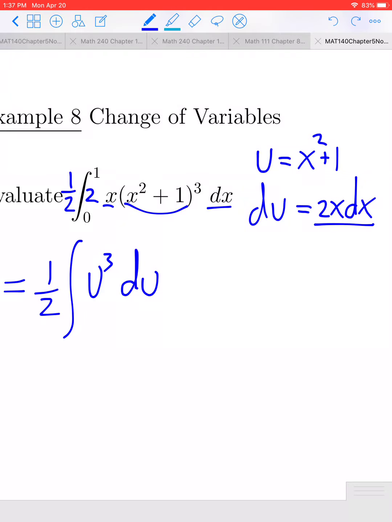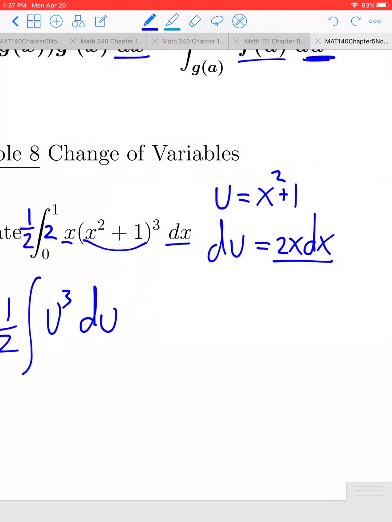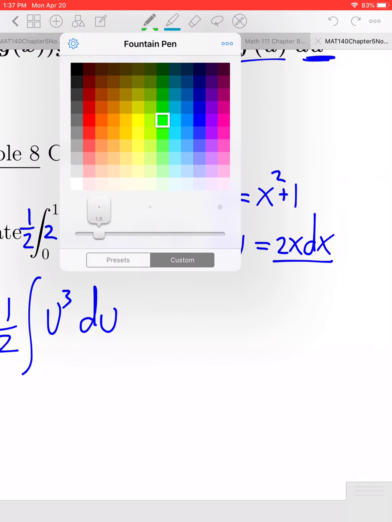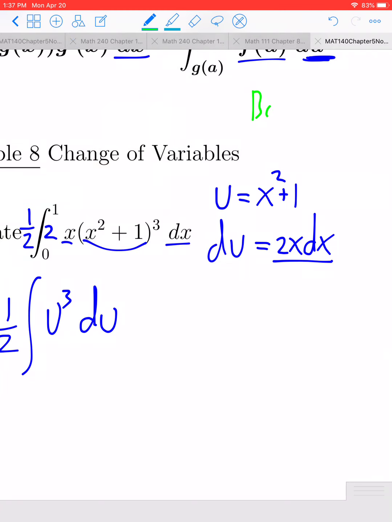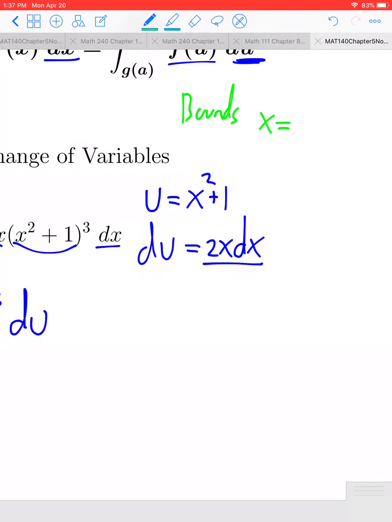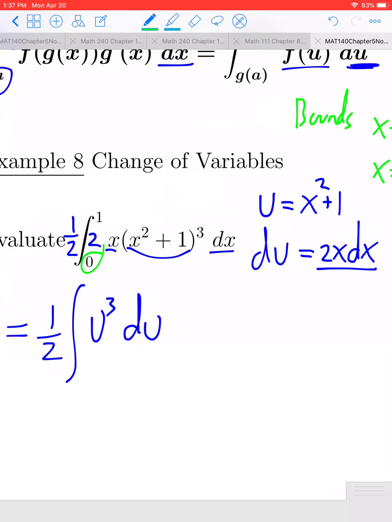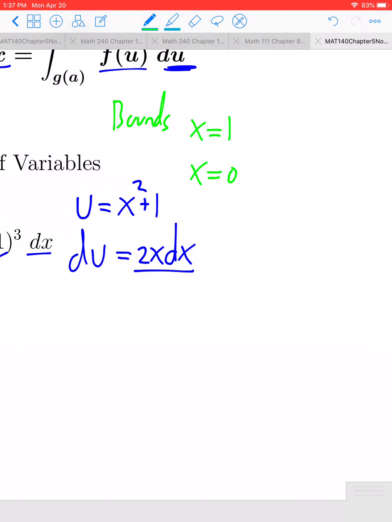So we need to change our bounds. Originally, they went from x equals 0 with the lower bound to x equals 1. Now we need to convert these into u bounds.